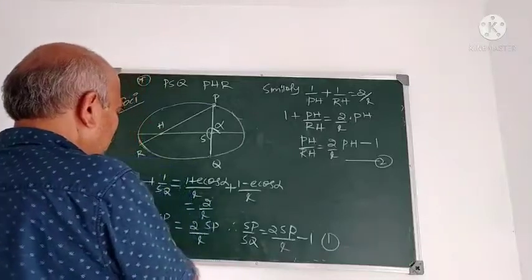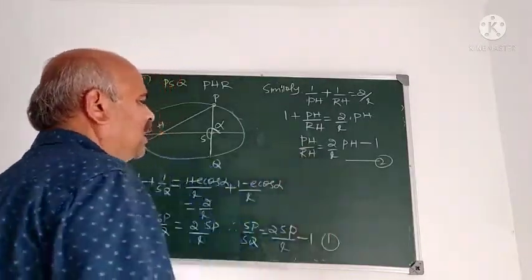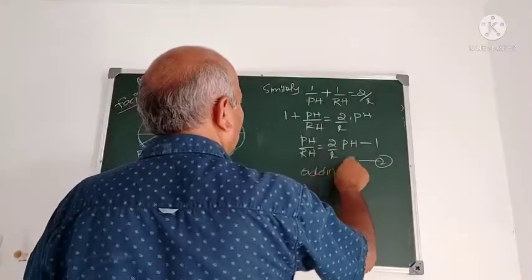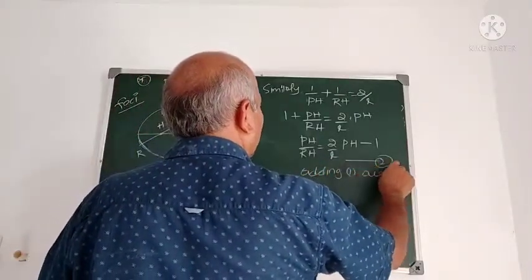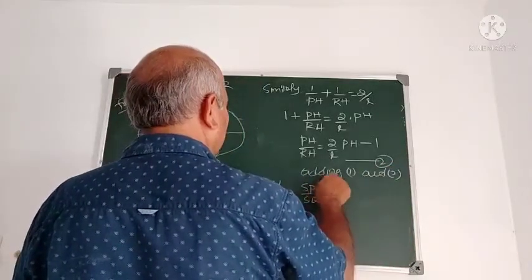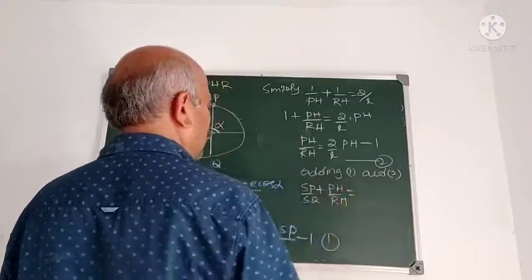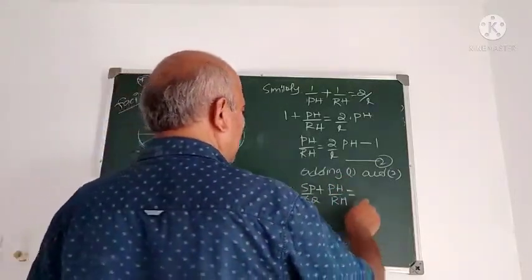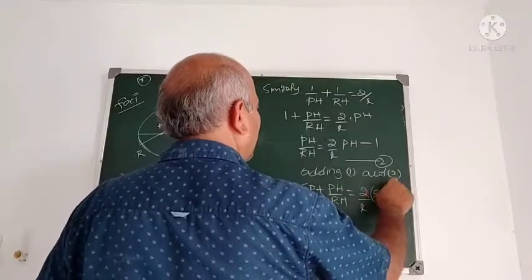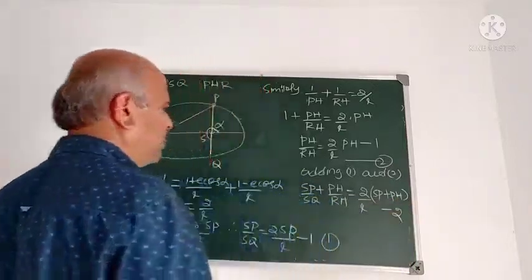Now, what is the problem? The sum of this, that is SP by SQ plus PH upon HR, is independent of P. Adding 1 and 2, we get SP by SQ plus PH upon RH is 2 by L into SP plus PH, minus 2.